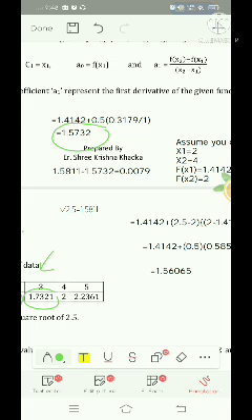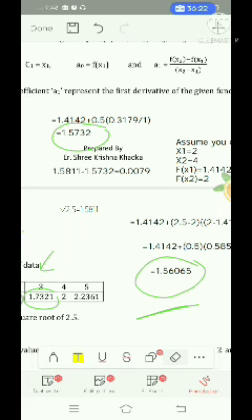And ano naman yung error pag ito yung ginamit natin? Kasi kanina, 'di ba, yung nakuha natin na approximate is 1.5732. Kung ginamit natin is 2 and 4, ito yung makukuha, 1.56065. So, ano yung error dito?